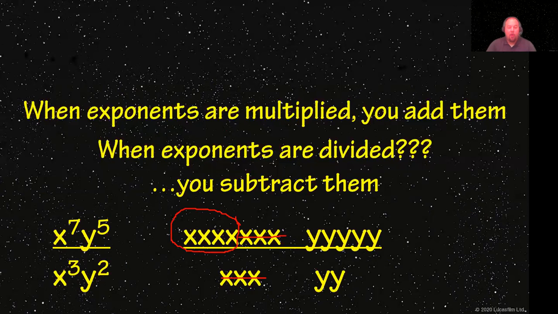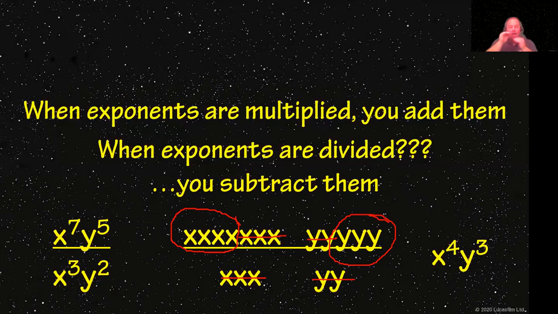Over here, I'm going to mark out 2 y's. Over here, I'm going to mark out 2 y's. That leaves me with 3 y's. So my answer is going to be x to the 4th power y to the 3rd power. If you want to draw them out like this, you can. Sometimes if you get into big exponents, you're going to be drawing a lot of x's across your screen.